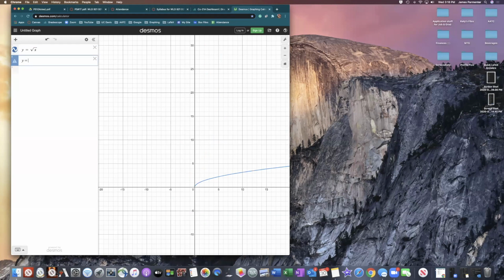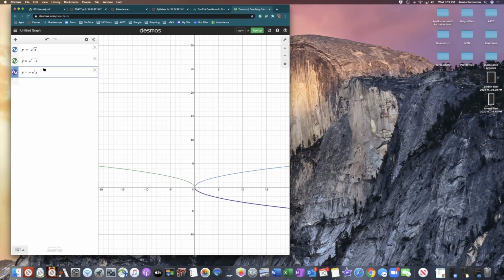I can reflect it across the y-axis by changing x to negative x. And I can also reflect it across the x-axis by putting a negative out in front of the function. So those are all reflections.